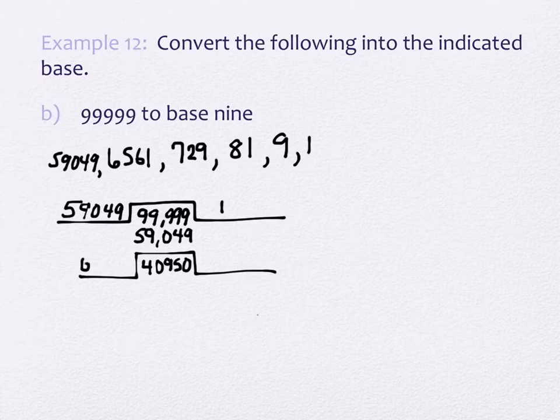All right, and then we're going to go just down the chart. We're going to do the next power of 9 that's below. That's the 6,561. How many whole times will 6,561 go into 40,950? 6. All right. And then I need to know what 6 times 6,561 is. 39,366.